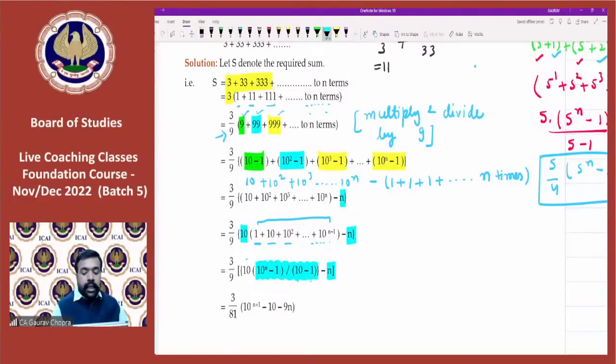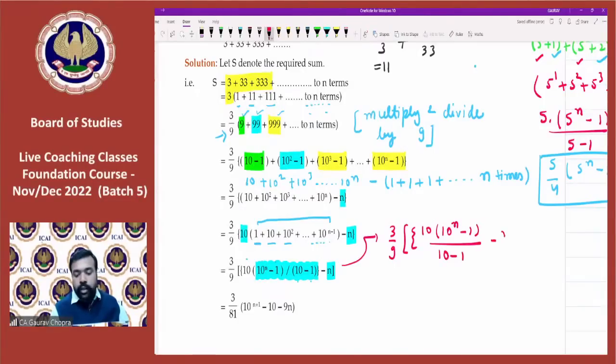And minus n is as it is. So what is left? We can write it here. 3 by 9, then 10, multiplied by 10 to the power of n minus 1 divided by 10 minus 1, and then minus n.